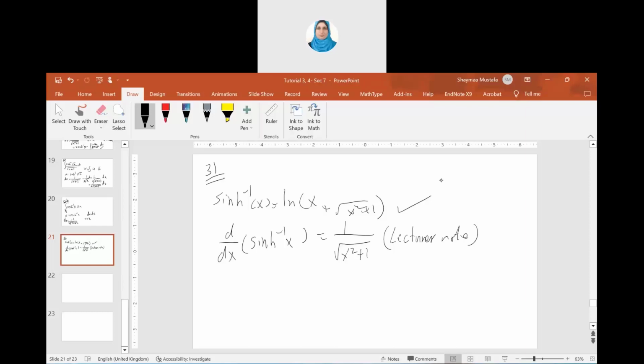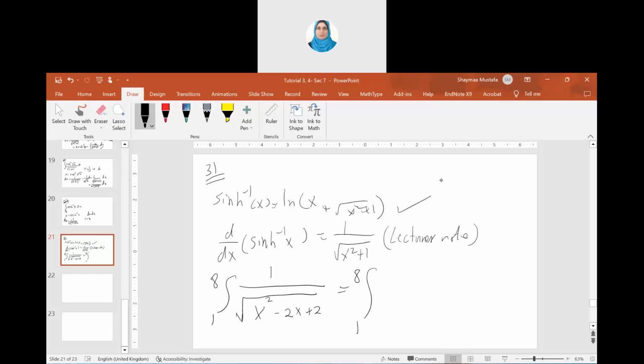Now you need to evaluate the integral from 1 to 2 of 1 over x squared minus 2x plus 2. This one you need to complete the square.